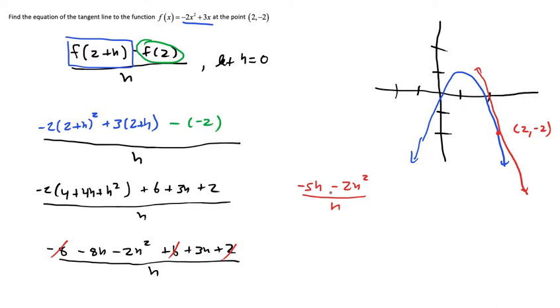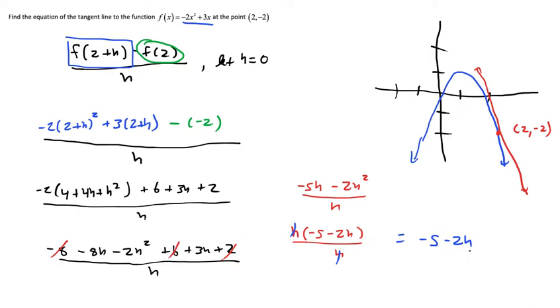We factor out the h, so we get negative 5 minus 2h all over h, which means that the h's cancel out. So we are left with negative 5 minus 2h. You realize that this term canceled out, and then the h will cancel out. This should always happen.